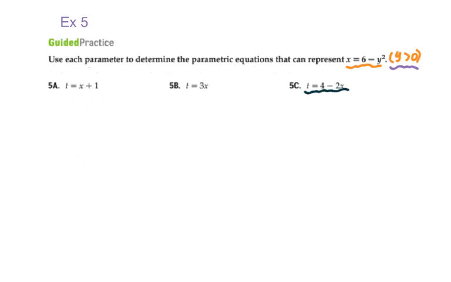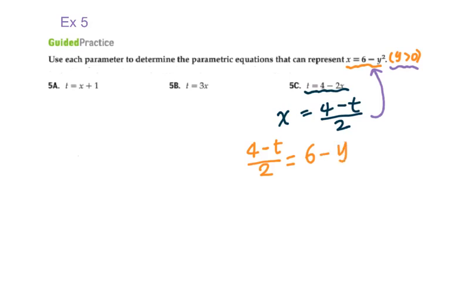Let's go to 5c. t equals 4 minus 2x. Still, we need to figure out the x first. You will get x equals 4 minus t over 2. Then you need to plug this one into the rectangular form. We got 4 minus t over 2 equals 6 minus y squared.